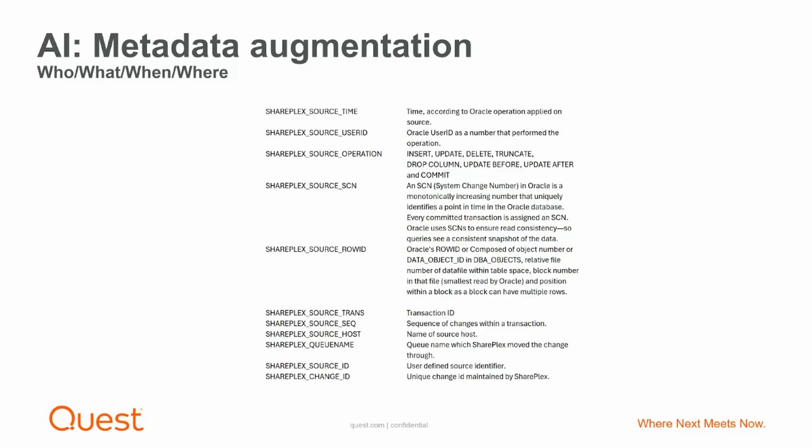And then towards the bottom, there's additional information about what is the host, a SharePlex queue name, as well as source ID, which you can define, and a change ID. This rich metadata is answering who, what, when, and where, in addition to the instant replay capability.